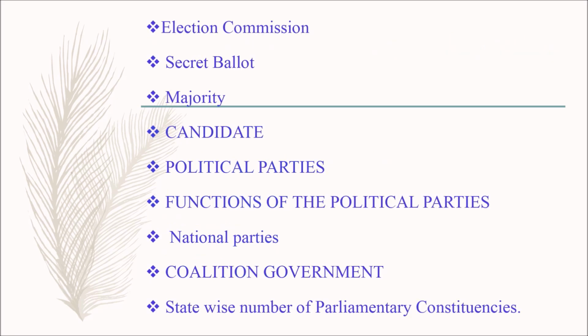Next, we have discussed about election commission, secret ballot, majority, candidate, political parties, functions of the political parties, national parties, coalition government. Then finally, we have seen state-wise number of parliamentary constituencies.